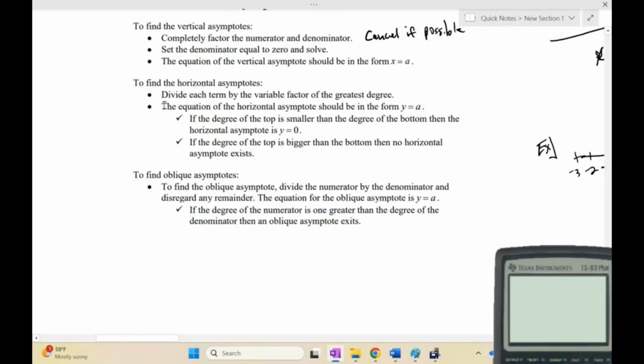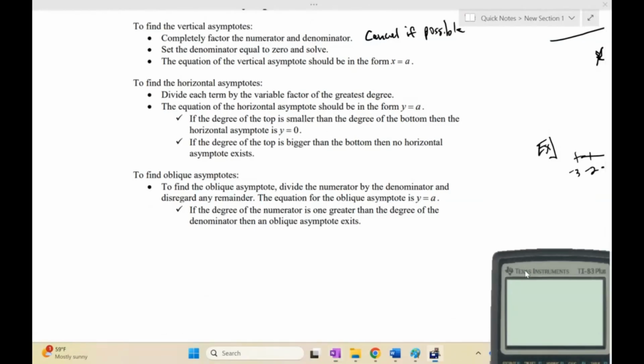If you're dealing with anything else, like if the degrees are the same, then you would apply these steps. It says divide each term by the variable factor of greatest degree. Then the equation of the asymptote is going to be in the form y equal to a number. And we're going to see examples of all of these. These are just the steps.